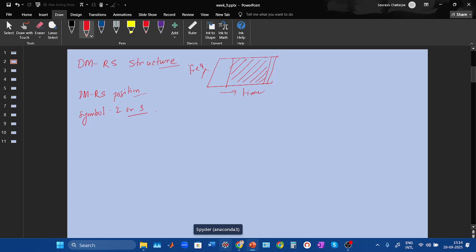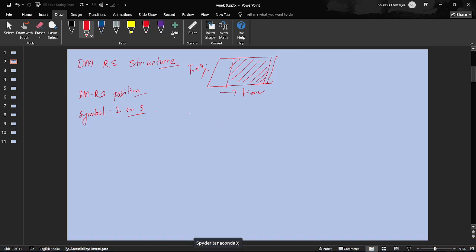Okay. So are there any restrictions on the number of DMRS we are supposed to send per slot? For example, let's say my PDCCH spans six symbols. Well, when I say PDCCH, that's a bit of a wrong notation here.